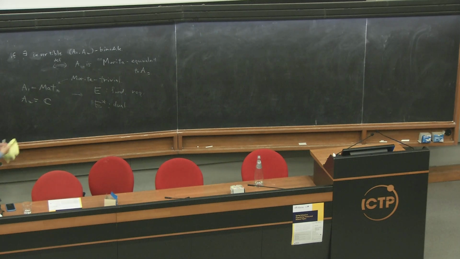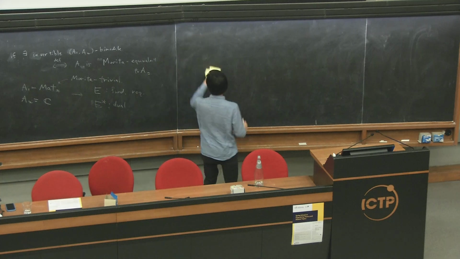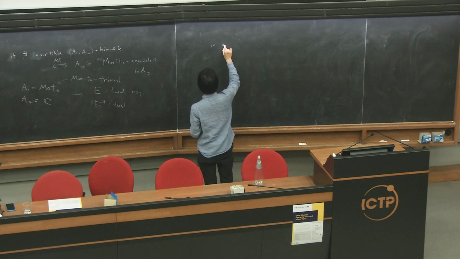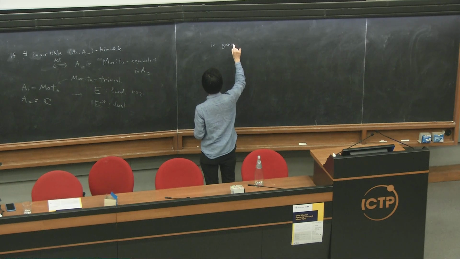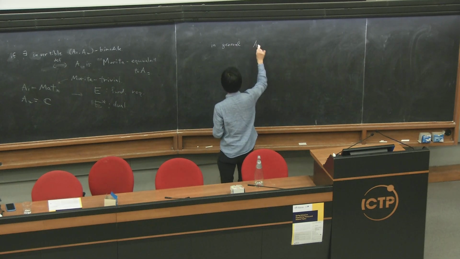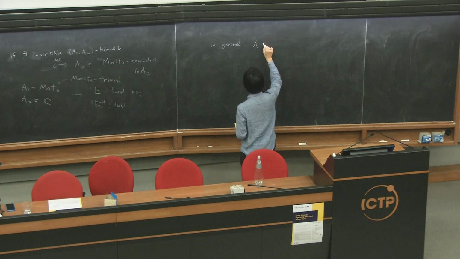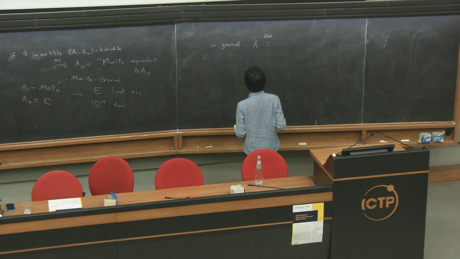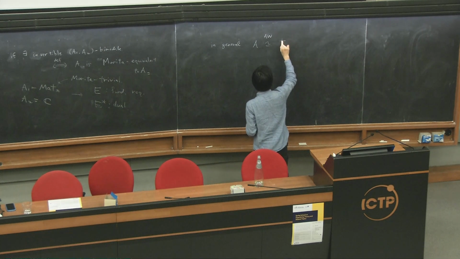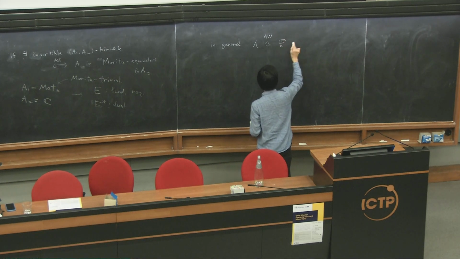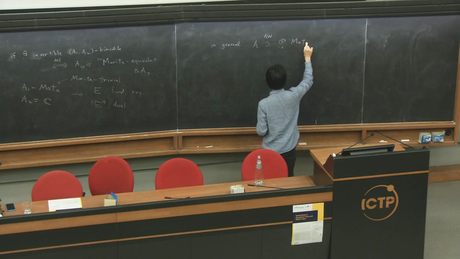In general, if A is a separable or semi-simple algebra, then Wedderburn's theorem tells you that it's a direct sum of matrix algebras.